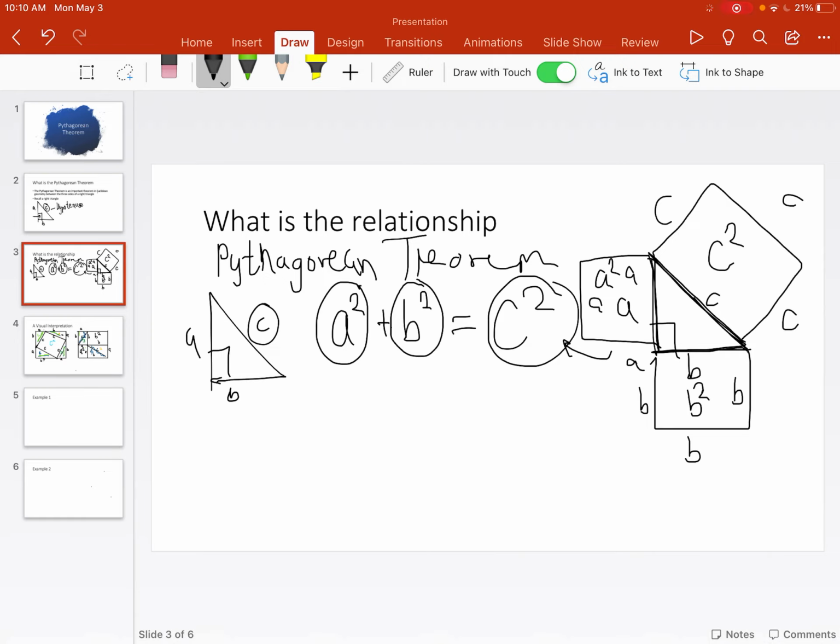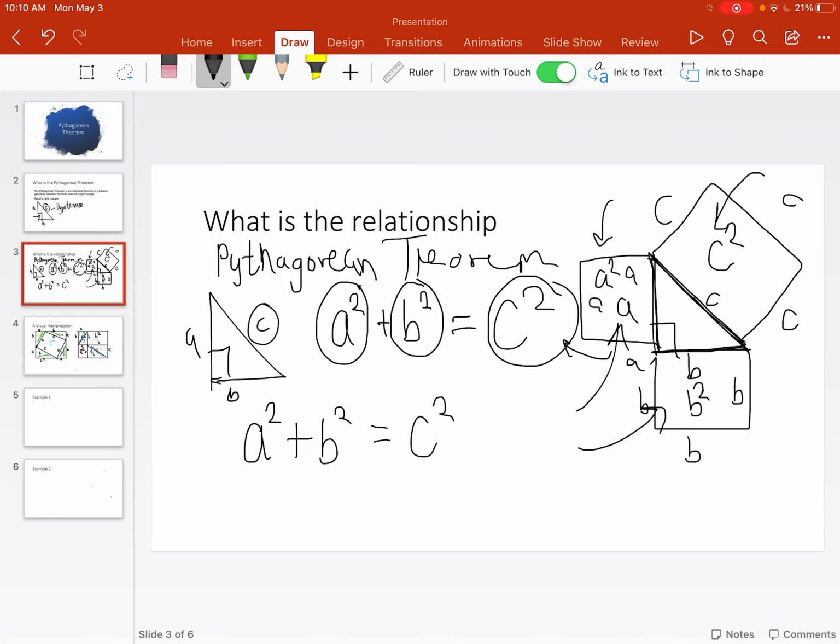We can go back to the equation and we can look at this as saying the area of this square, A squared, whose side lengths are A, plus the area of the square whose sides are B, is equal to the area of the square whose sides are C. So the area of this square plus the area of this square gives us the area of this whole square here.